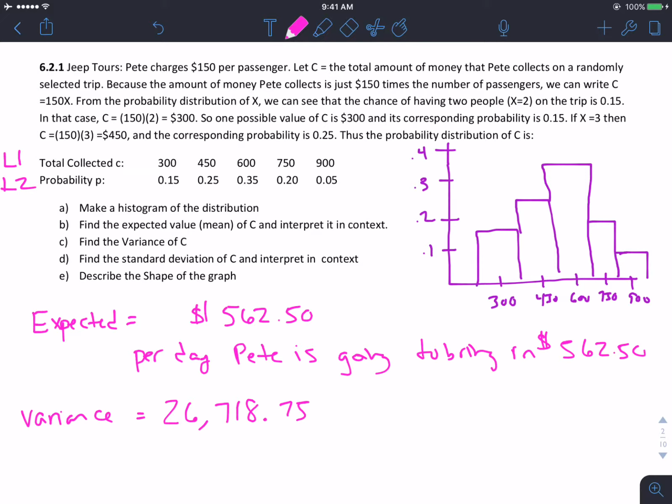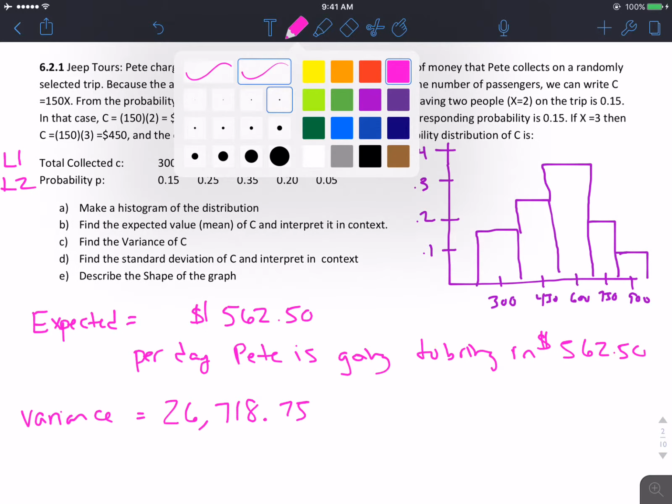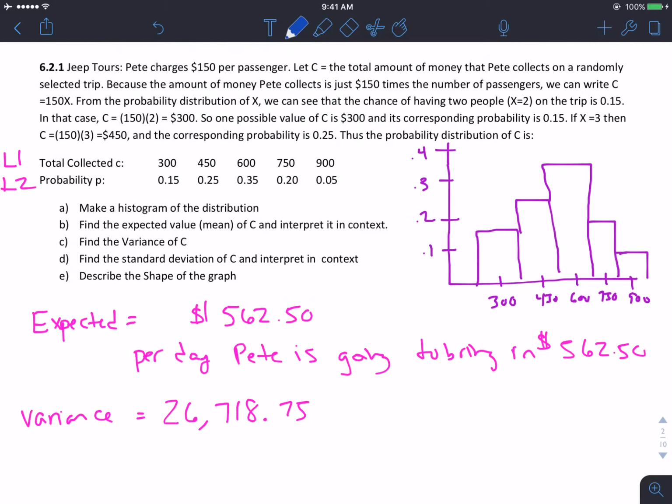We're going to look more at the standard deviation, and to find the standard deviation you just need to take the square root, and that's going to give you 163.46. And what that means in the context of the problem is the amount he makes daily is going to vary by about $163.46 from the mean.